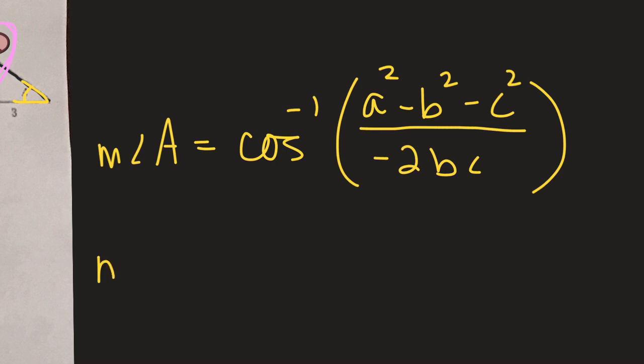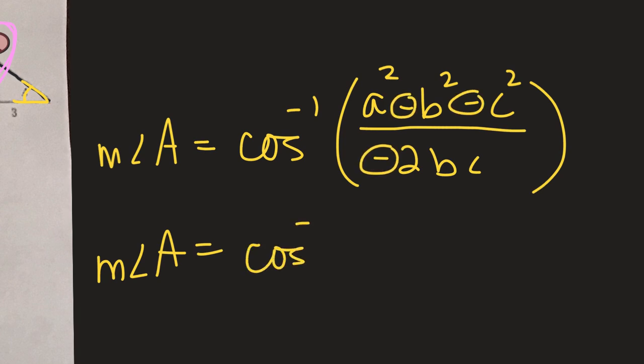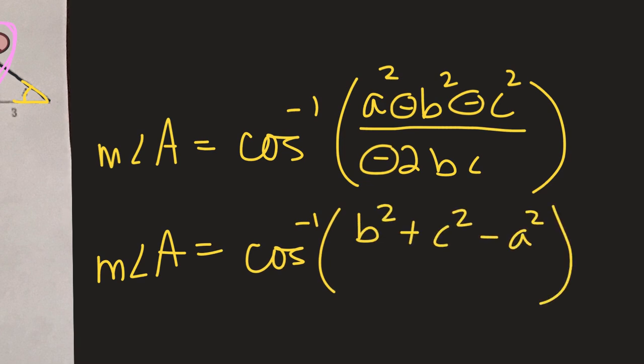Okay, so I'm going to do one other thing here, and that's get rid of all of these negatives. I'm going to change the signs of all of my negatives. So it's actually b squared plus c squared minus a squared divided by positive 2bc.